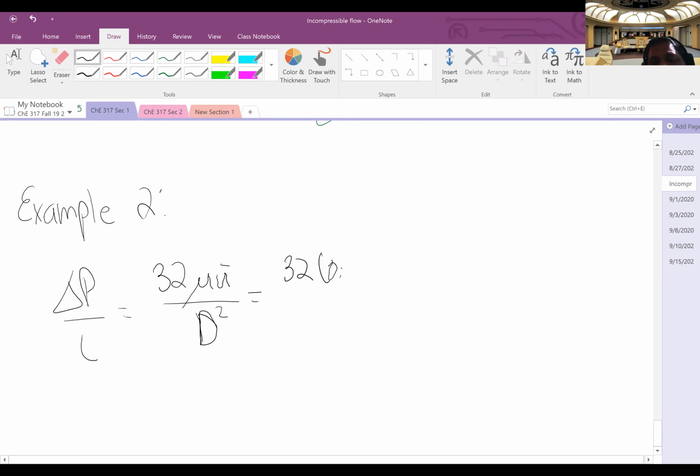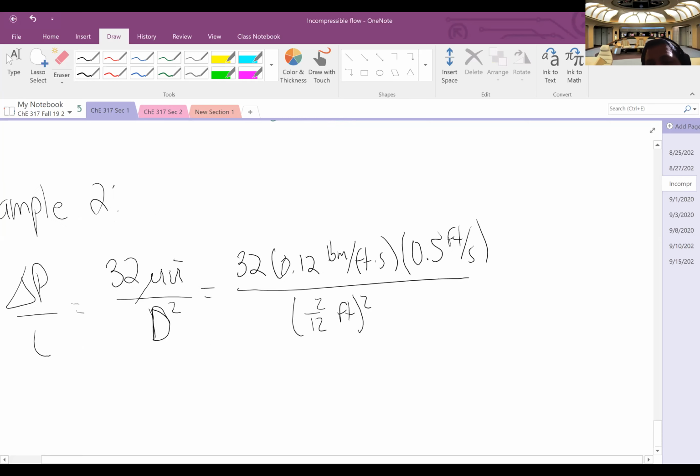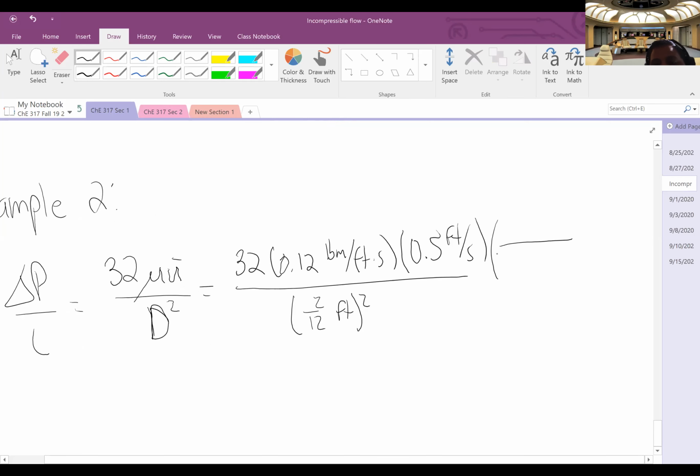So if you plug in the values, you get something that looks like this: feet per second divided by 2 over 12 feet squared, which once again you have to divide by 32.2 pound mass feet per pound force second squared, and also by the conversion of feet squared to inches squared.